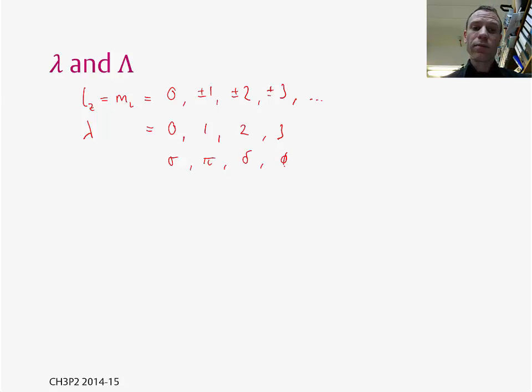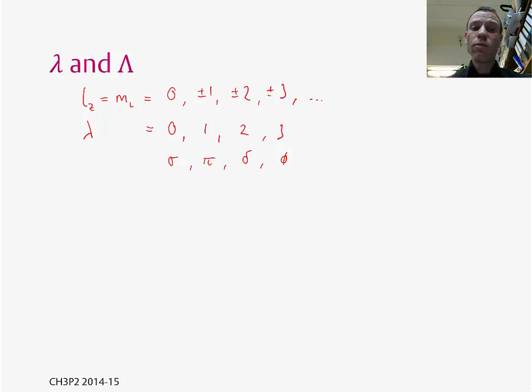So if we have an electron in an orbital with lambda equals 1, this is a pi orbital. This is because it's created from orbitals which have ml of plus or minus 1, so the p orbitals of the atoms. So now we can actually see where the labels of sigma and pi come from when we describe orbitals in molecules.